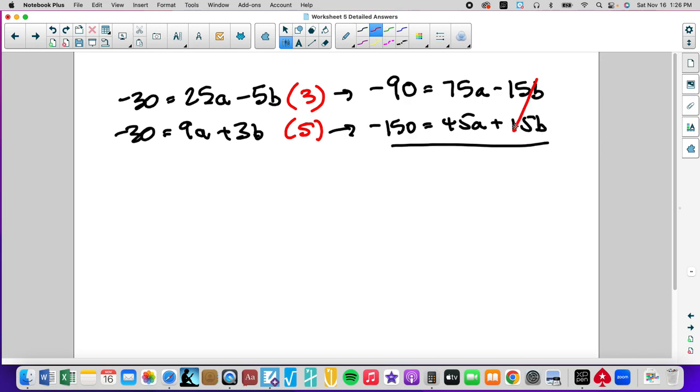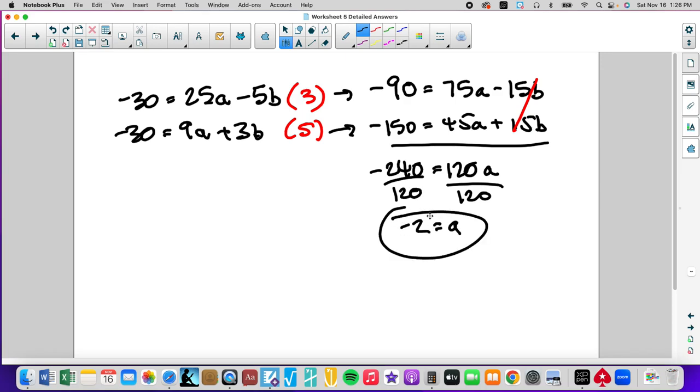My b's cancel, and I'm left with -240 equals 120a. Divide by 120, divide by 120, negative 2 equals a.